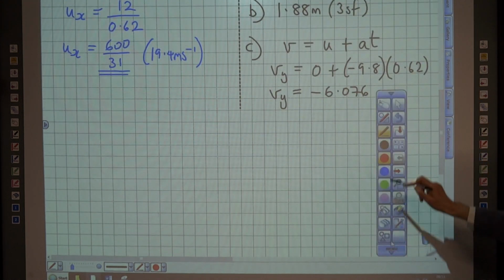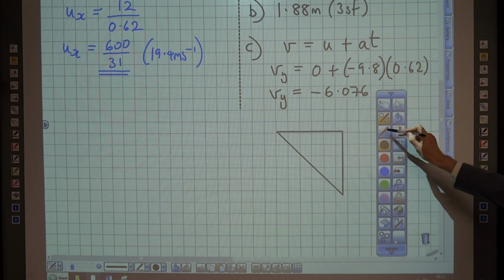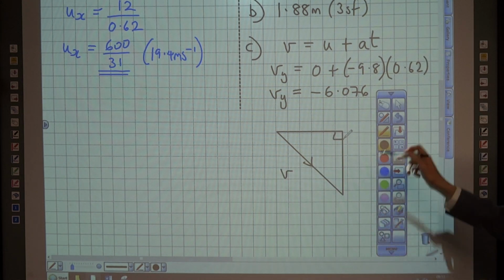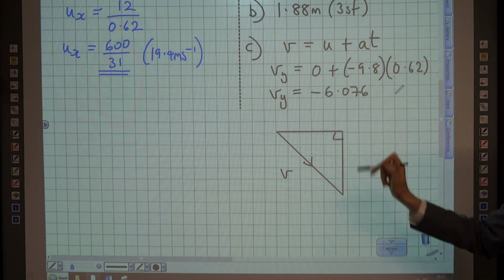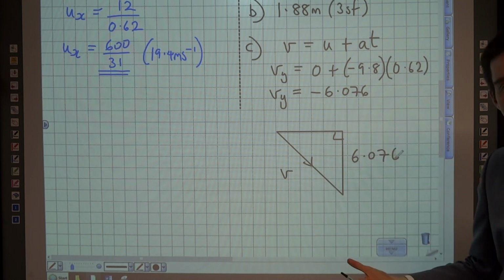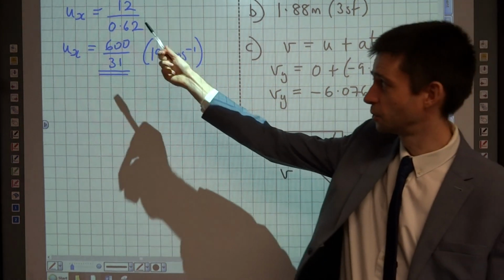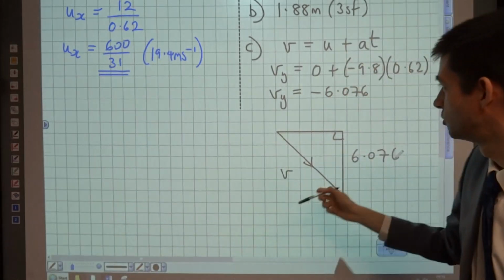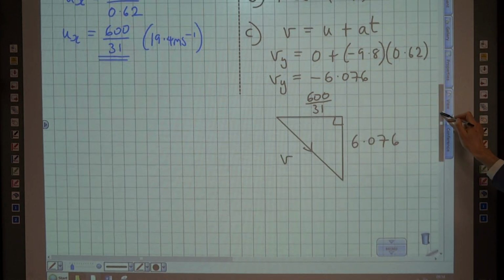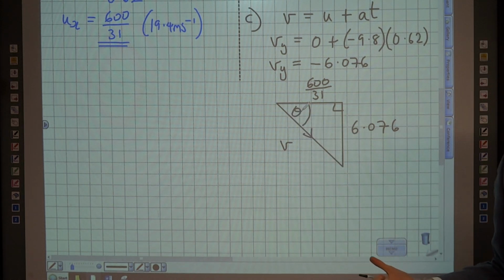So let's get the right angle triangle going on. There we go. This is the velocity that I'm trying to find out. And it has two components. It has the vertical component, which is negative 6.076. I'm going to just label it as 6.076 because I'm just going to use it to find the magnitude of V. And now the horizontal component, remember in horizontal direction the speed isn't changing, so this 600 over 31 is still the horizontal component of velocity. So I'm going to use Pythagoras to find that velocity, and then use right angle trig to find theta.